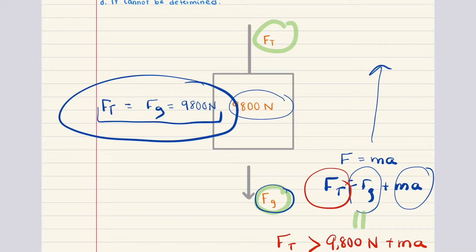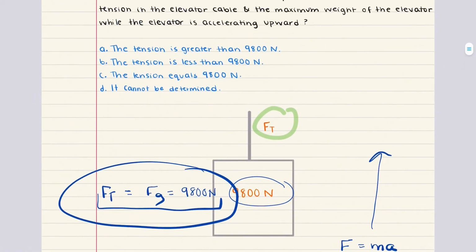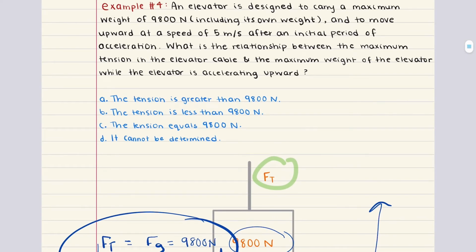We're not going to be able to calculate the exact value because we don't have enough information, but we're given just enough information to know that because the elevator is accelerating upward and the force of gravity is equal to 9,800 newtons, the tension force is going to be greater than 9,800 newtons. And that means that the correct answer for problem 4 is going to be A. The tension is greater than 9,800 newtons.